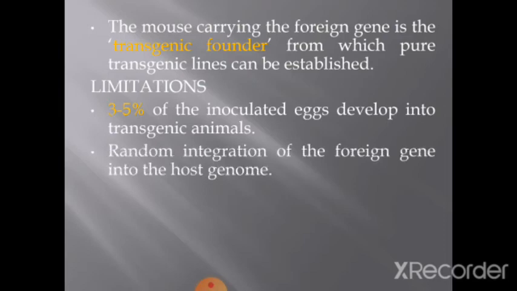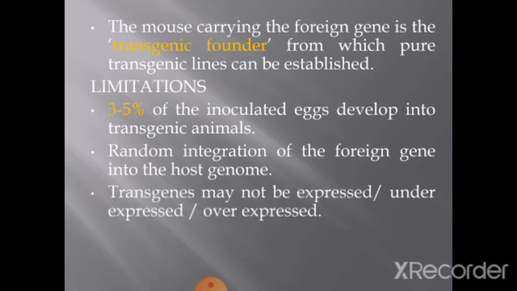Then, random integration of the foreign gene into the host genome. That means the gene of your choice may not go and sit in the place where you want it to sit. It may go anywhere and simply get incorporated into the genome. It has its own drawbacks.